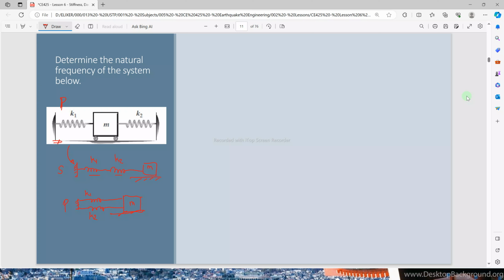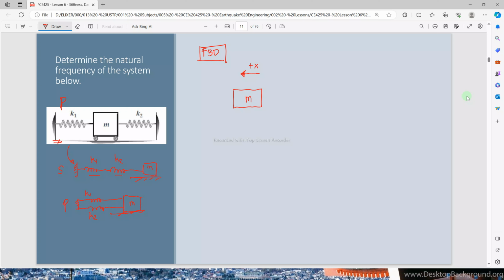Next, we draw the free body diagram of the mass M. So we have our mass M, and let's say mass M is moved to the left. Let's say that is our positive X, since that is the direction of motion.